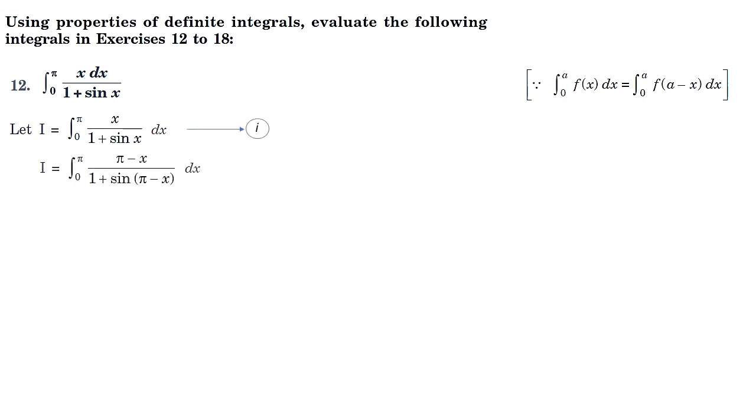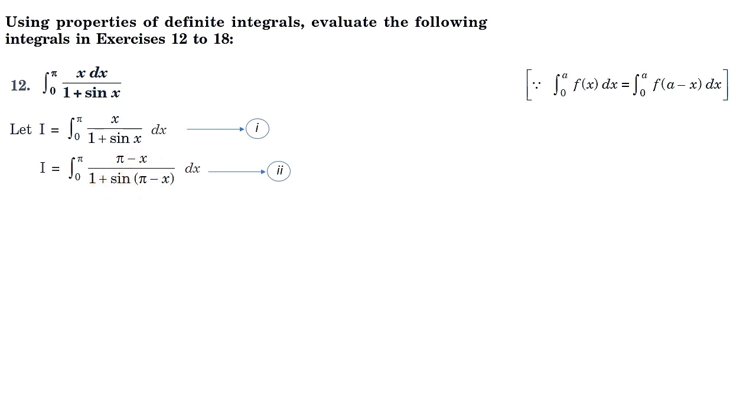So that will be I is equal to integral 0 to pi, with x replaced by pi minus x, so pi minus x divided by 1 plus sin of pi minus x. Label it as equation number 2. Here, a little calculation work can also be done. If you want one more step you can write it, but I'm not writing that one. Sin of pi minus x is sin x. So that we will do while doing the calculation.